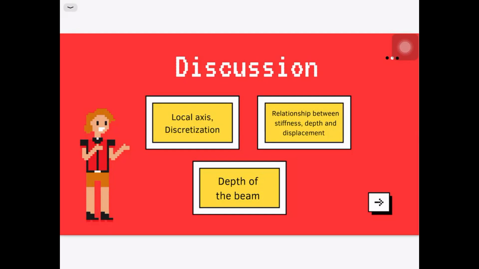What is the appropriate depth of the beam? As we know, when we increase the depth of the beam, the moment capacity is increased. On the other hand, the self-weight of the beam will also be increased, so the strength of material should be enough. After trial and error, we found that the depth of the beam should be L over 18, where L is the span length, which is the appropriate or minimum depth for the continuous beam.